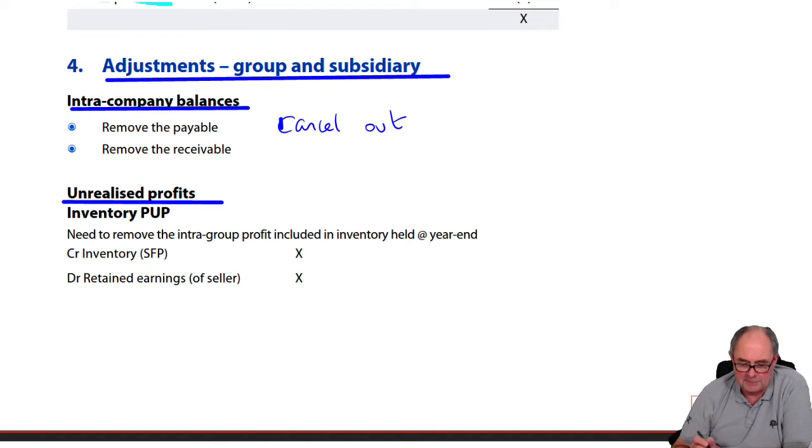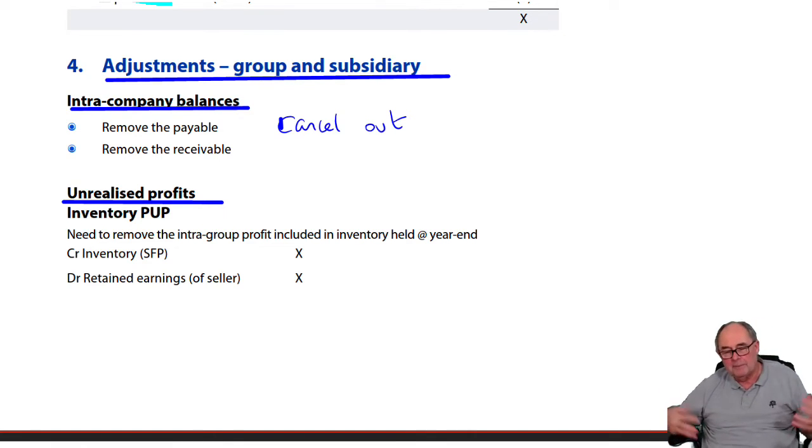So unrealised profits need to be stripped out. That will reduce the value of the inventory and reduce the earnings of the company when we do our consolidation workings. So subsidiaries, we cancel out balances and we remove unrealised profits.